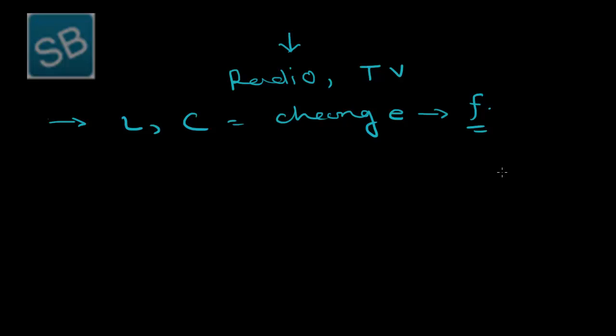But note that resonance cannot be obtained in RL and RC circuits, so it is only applicable to LC circuits. So we can say this is one of the disadvantages of the resonant circuit.